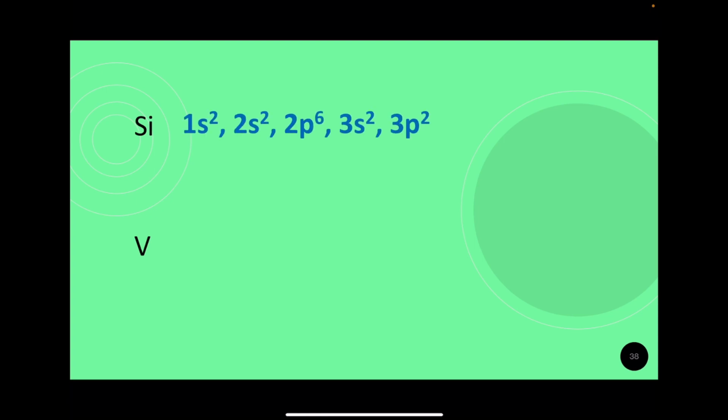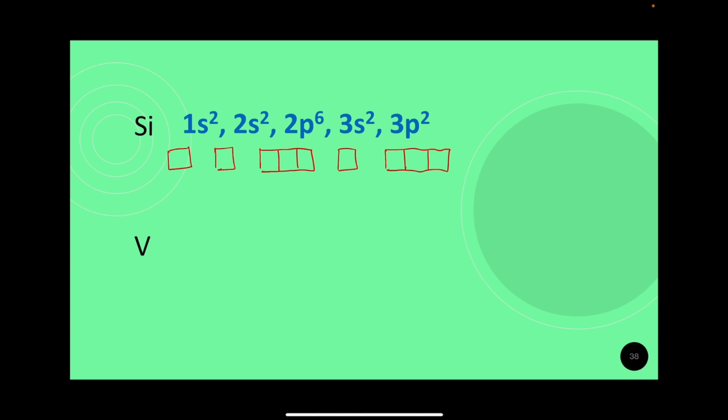So you already know the electron configuration of silicon right here. And now how to draw the orbital diagram. As I said, if I want to use the box style, we start to draw the box first. 1s, this is 2s, 2p, since it has 3 boxes, so we draw 3 boxes, and then 3s, 1 box, 3p, 3 boxes also.